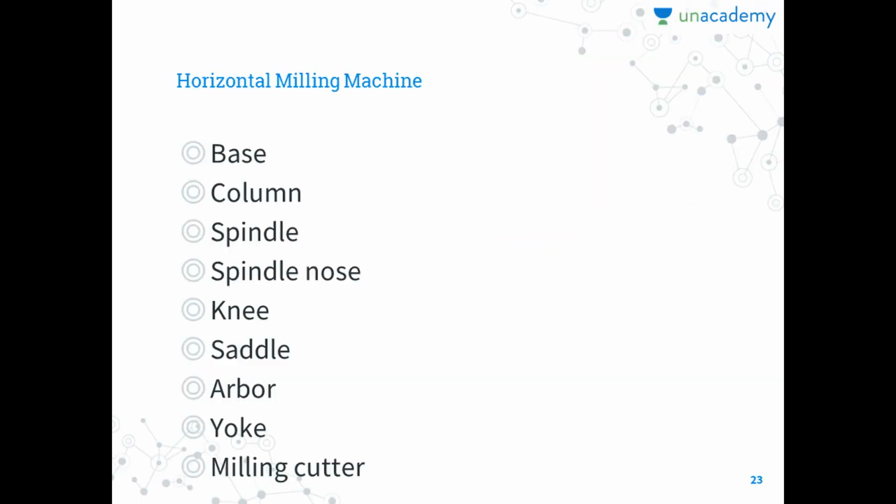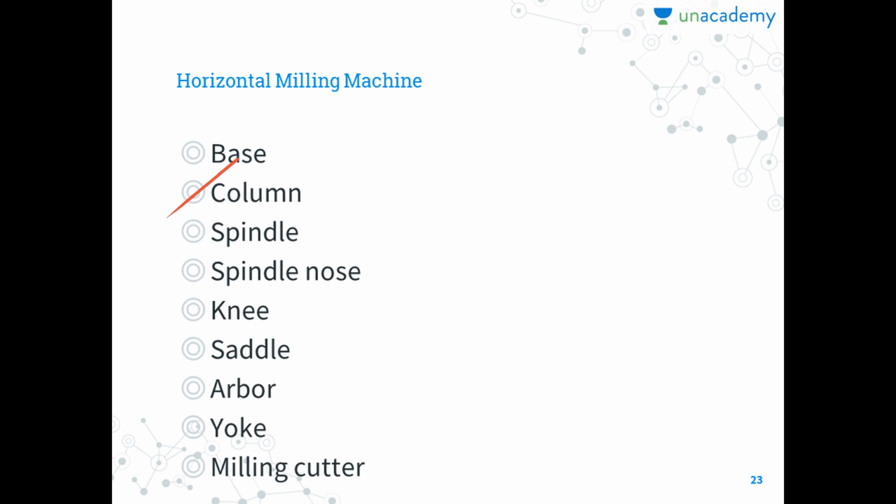So let's move on to the horizontal milling machine, which we use in our mechanical sectors. The horizontal milling machine consists of a base which serves as a foundation member. All the other parts rest on the base. It carries a column at one end. The column houses all the driving mechanisms of the spindle and the table feed.